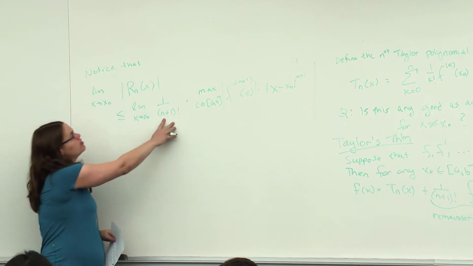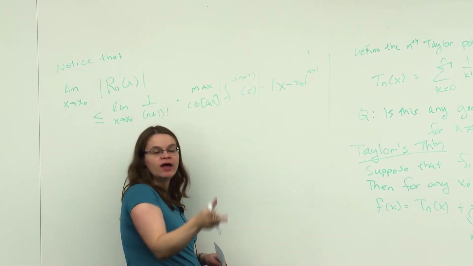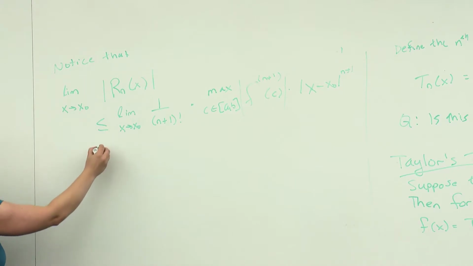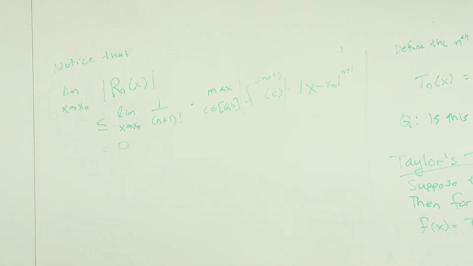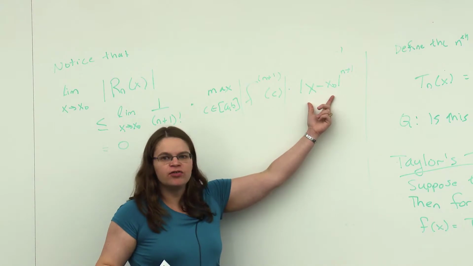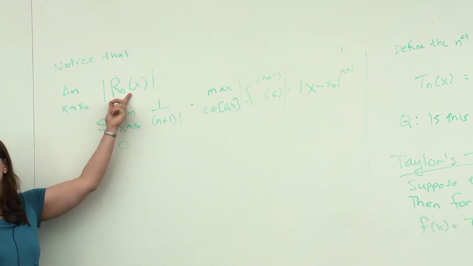Okay, so this doesn't depend on x naught. And we know, again, we have a max. It's finite. This is the only part that depends on x naught, and that is going to go to 0. So if the limit as x goes to x naught of this thing is equal to 0, then we know that if x is close enough to x naught, this remainder can be made as small as we like.